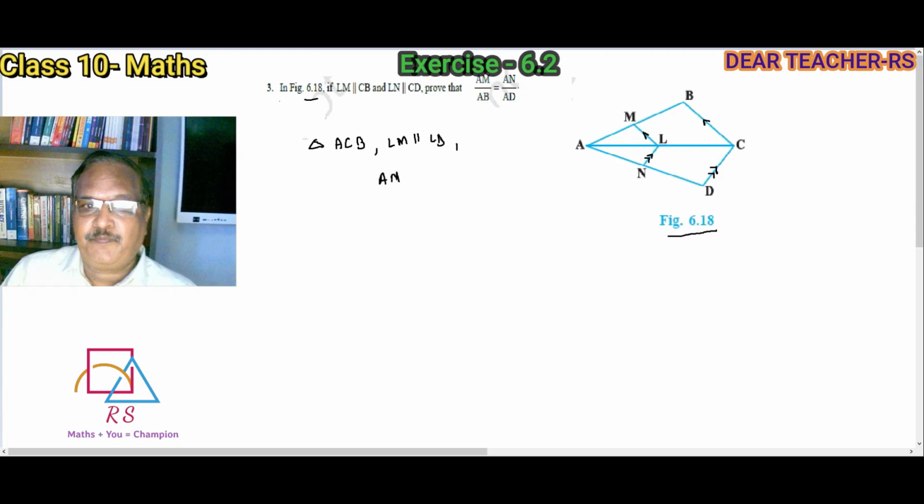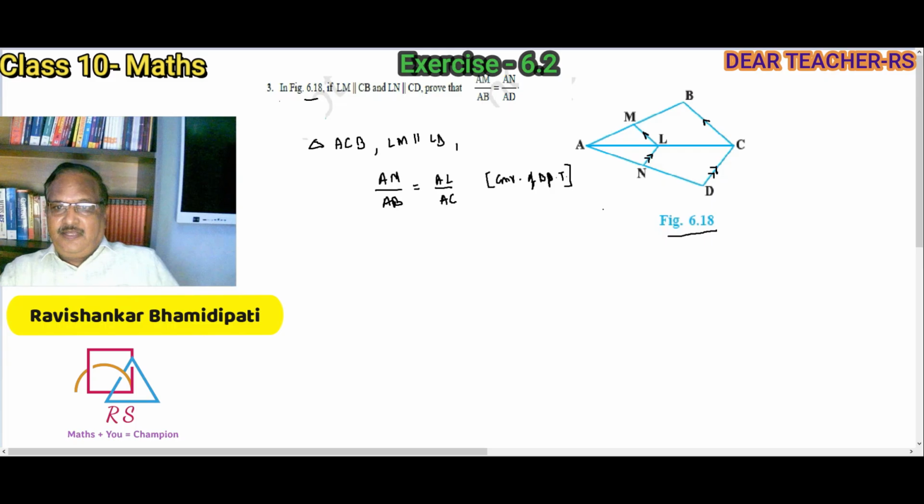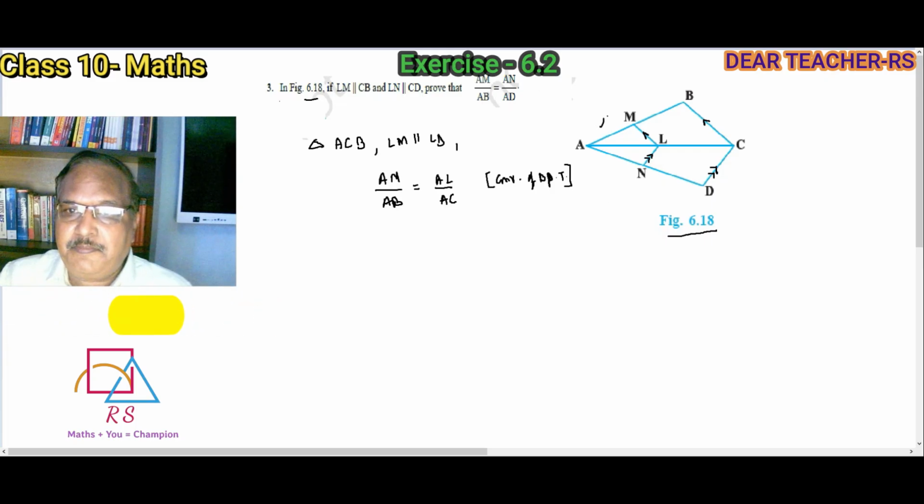AM by AB, you can take the converse of the basic proportionality theorem, and AL by AC. This is the converse, not directly proportional BPT. If it is only BPT, I should take AM, BM. If it is converse, I will take AM and AB. Let us say this is the first equation.